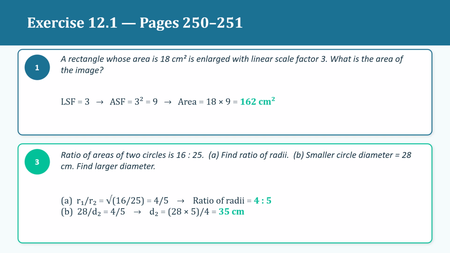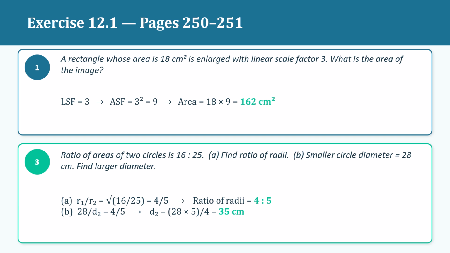Since this is less than 1, if we apply it to a smaller dimension to get the larger dimension, we are supposed to do the inverse operation of multiplication, which is division. So to find the larger diameter, you take the diameter of the smaller circle and divide it by 0.8.